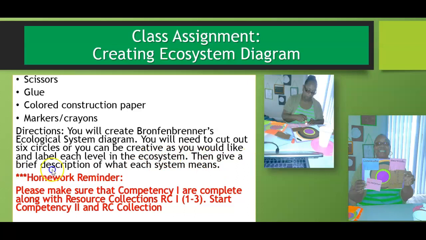Then give a brief description of what each system means. Pretty simple. Here's an example right here. This is a former student who was creating the systems. She was using her scissors and glue and labeling and creating it.